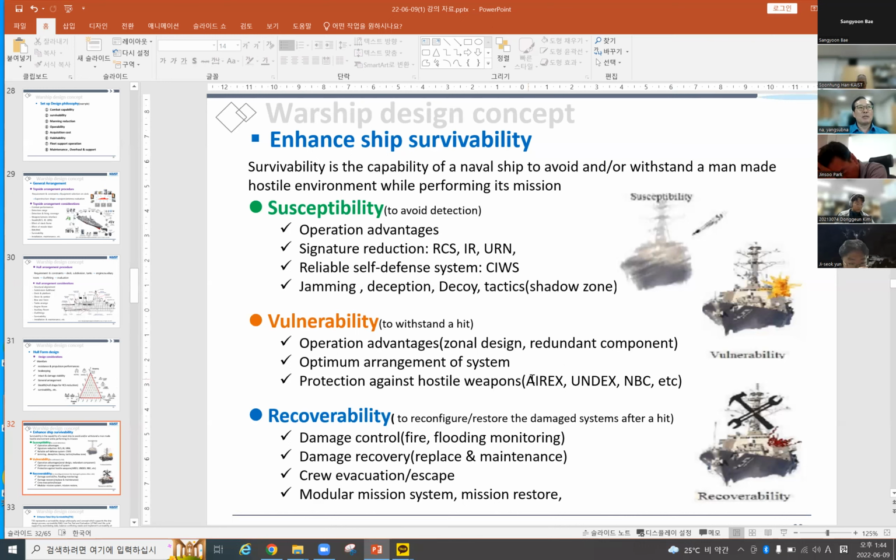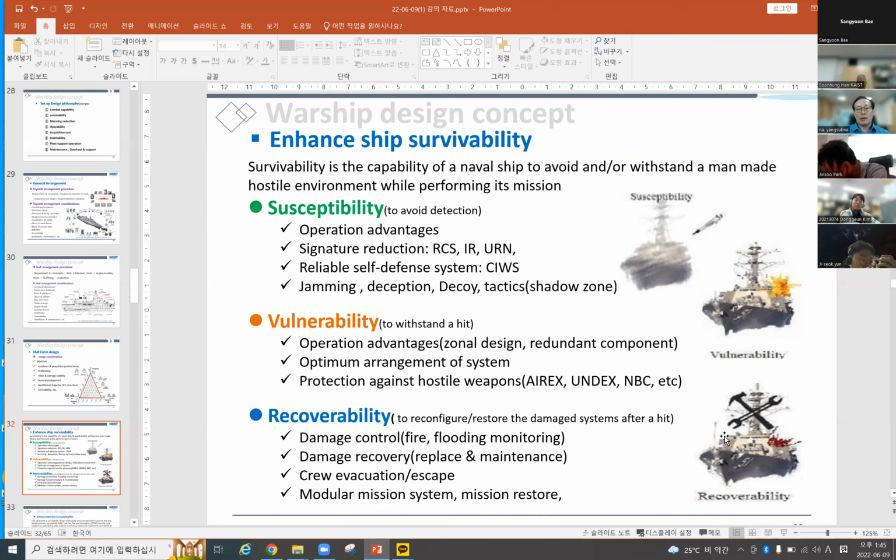For example, similar systems are not installed in the same neighborhood, so if one hit lands on the ship, another zone should survive. Next is protection against hostile weapons: air explosion, underwater explosion, and nuclear, biological and chemical protection. They have design protection for enhanced vulnerability.